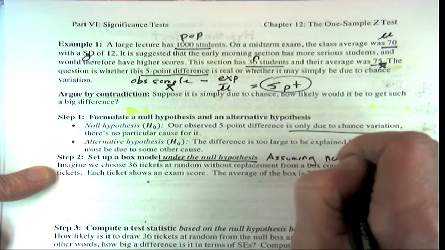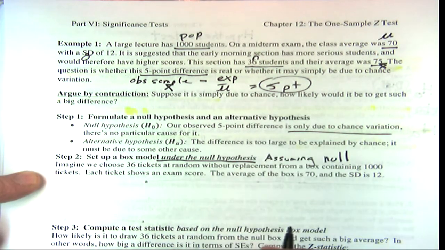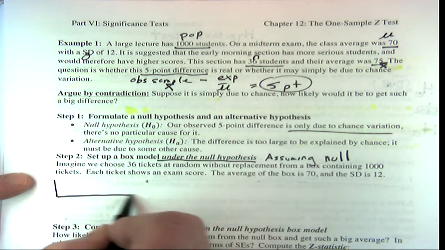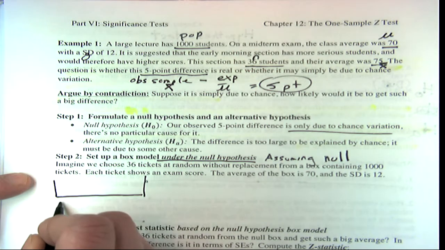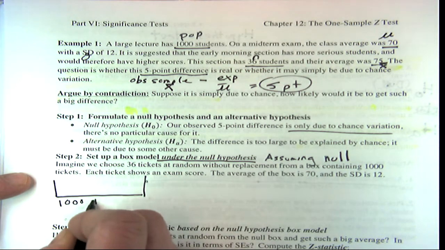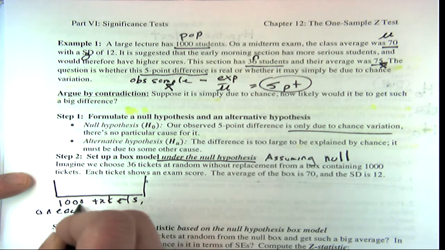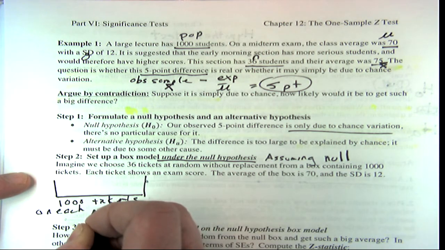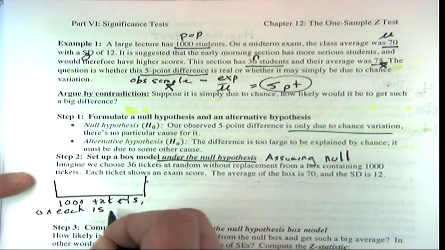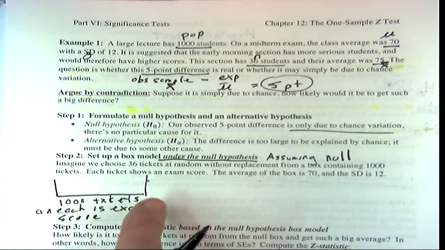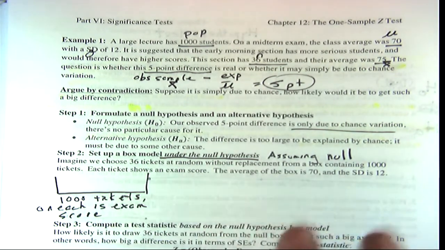We assume the null. We assume what? That we imagine putting all these 1,000 scores, one for each student, and on each is written an exam score, what they got on the exam. And we're wondering, there's going to be chance variation just due to the luck of the draw.